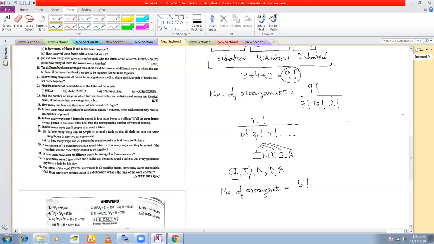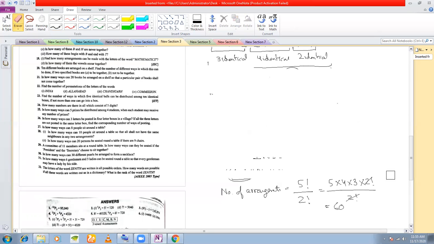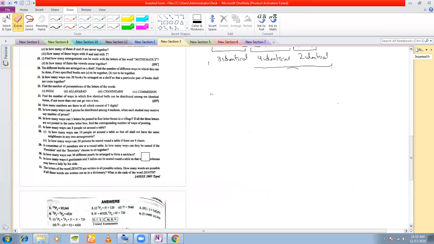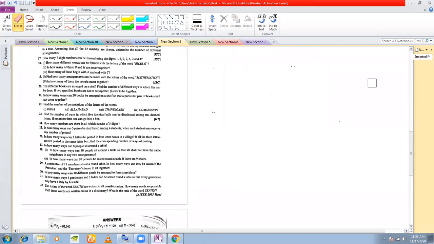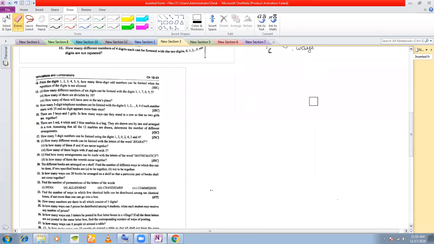So factorial 5, and 2 are identical, so divide by factorial 2. This is 5 into 4 into 3 into factorial 2 divided by factorial 2. You cancel, and you get 60. The number of ways of arranging the letters of this word is 60. Is this clear? This is a very, very important formula: the arrangement of n things in which p things are identical of the first type, q things are identical of the second type, r things are identical of the third type, and so on.